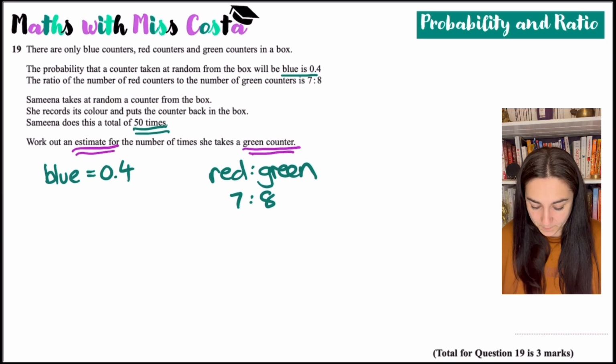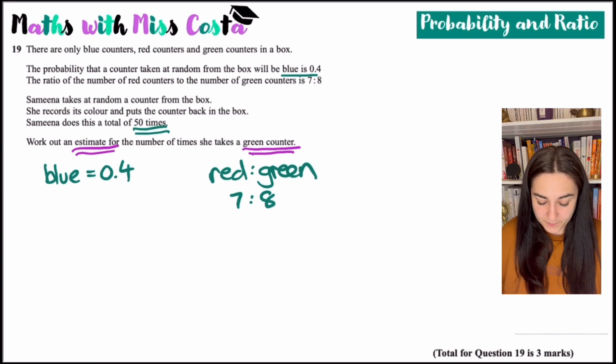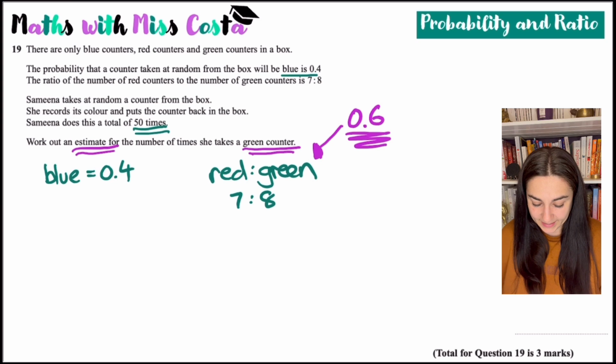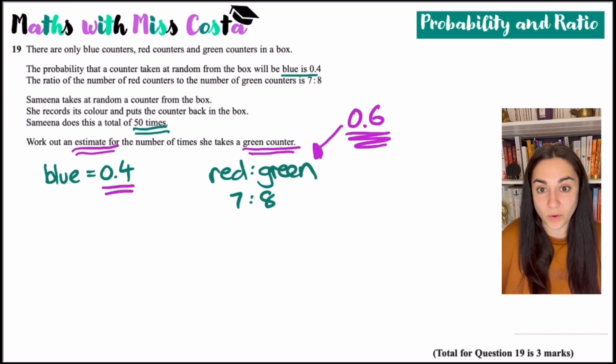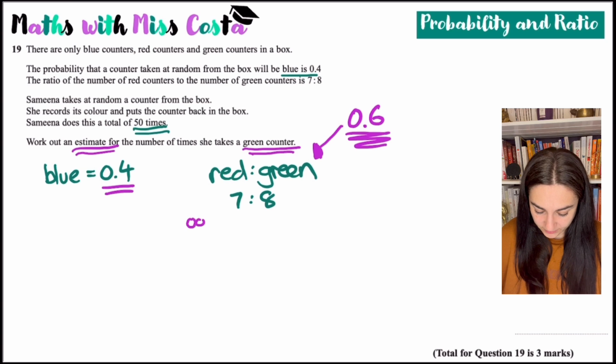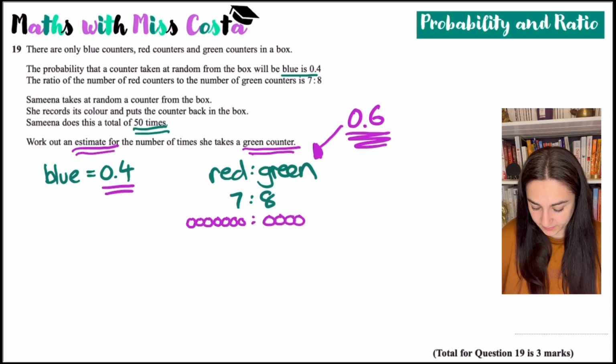Okay, so we don't know how many counters there are in total, but we know that whatever red and green sum to must be a probability of 0.6, because probability always sums to 1. So red and green are split in the ratio 7 parts to 8 parts.